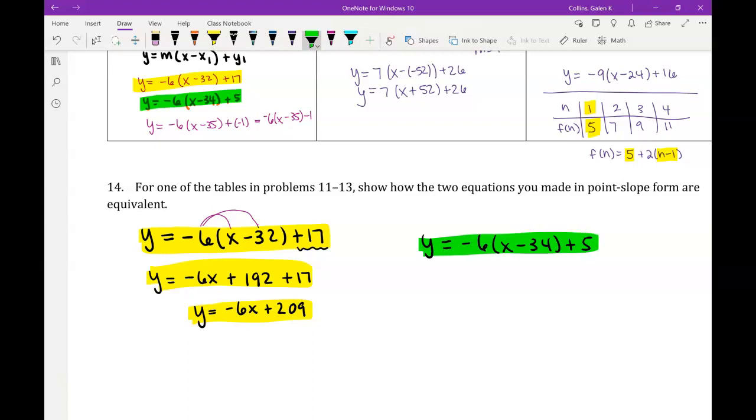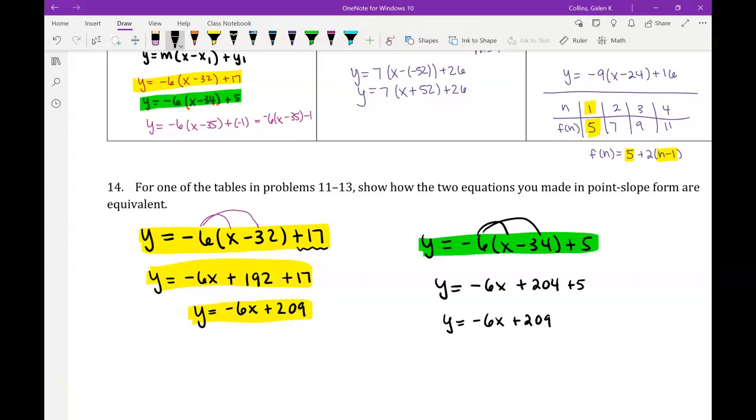Well, let's find out. So if I distribute my -6, I get -6x. Again, when I do -6 times 34, that's going to be a positive number, but that is 204. And then I'm going to add 5 to that, and again, I get -6x plus 209.